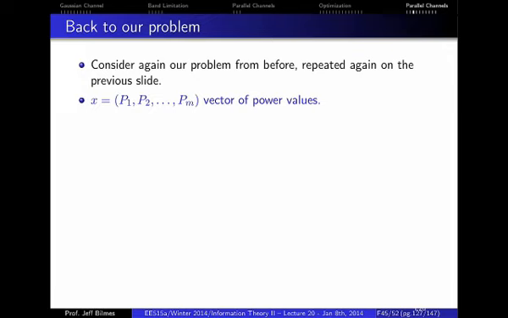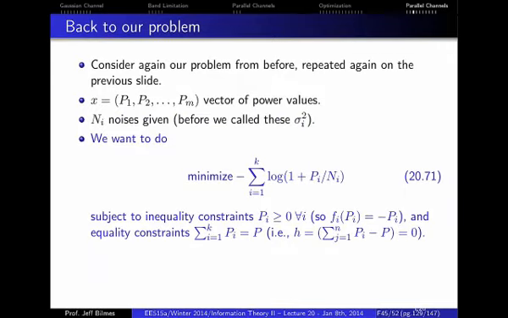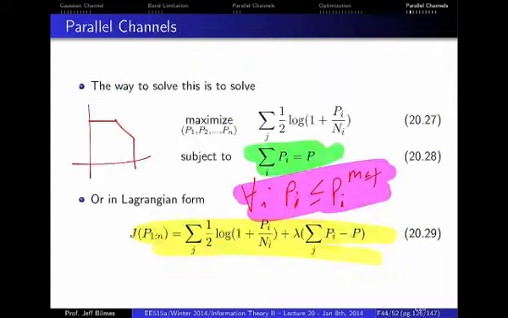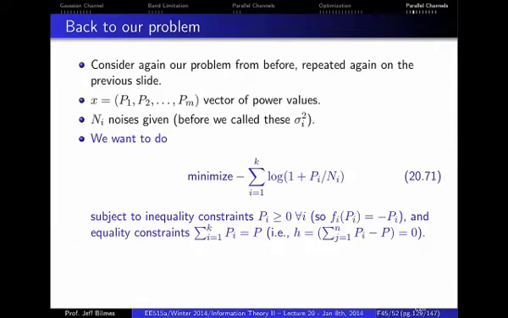It's really just a vector of powers. N is the noises. These are constants. We're not optimizing over them. They're fixed by the characteristics of the set of Gaussian channels that we've got. We used to call them sigma squared, but whether they're N_i's or sigma squared doesn't matter. This is a maximization problem here, but we can just go ahead and minimize the negative of that thing.